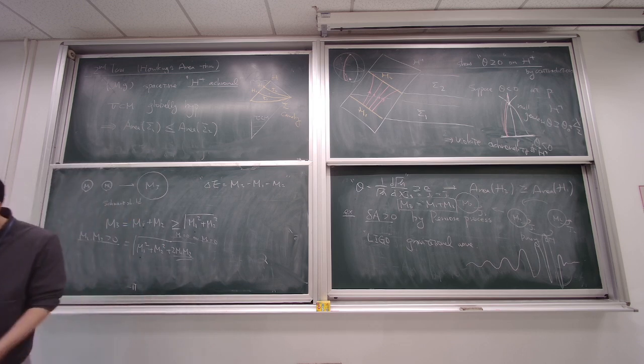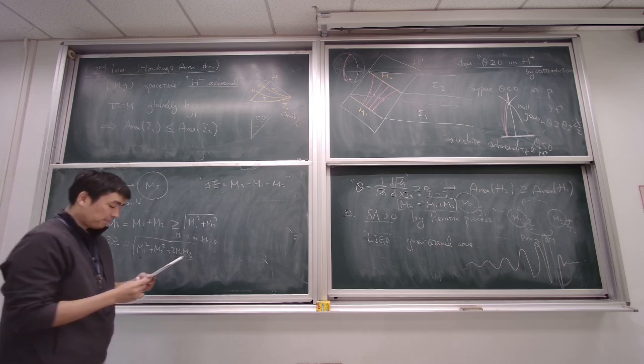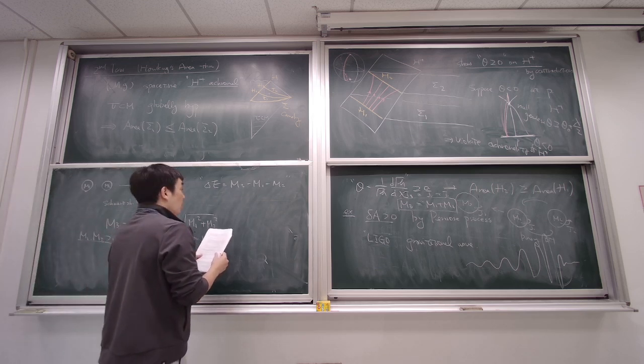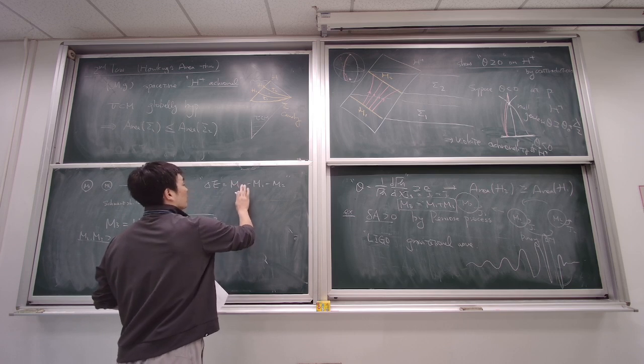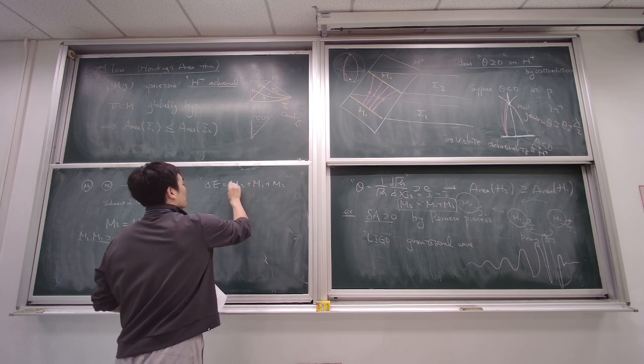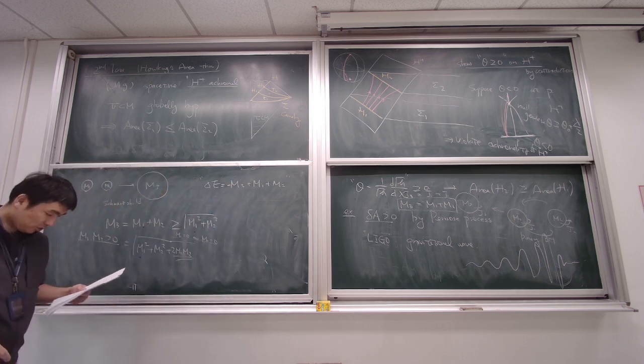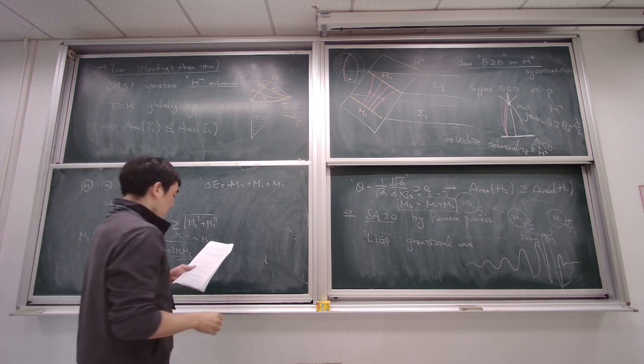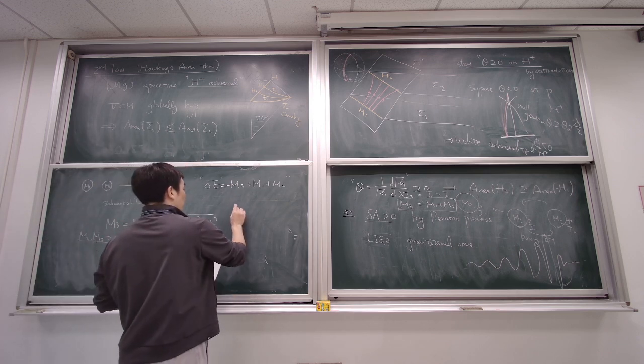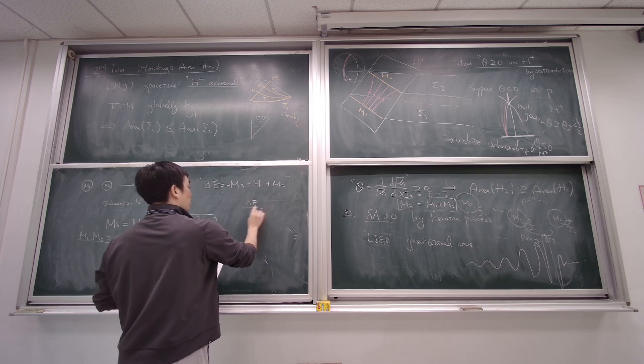And let's make an estimate of how much. Oh, sorry, it's opposite. Sorry, plus minus. So this is the energy loss. So energy loss is efficiency. Let's consider efficiency of m1 plus m2.